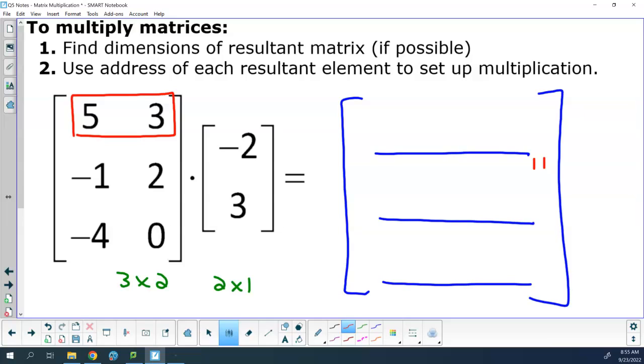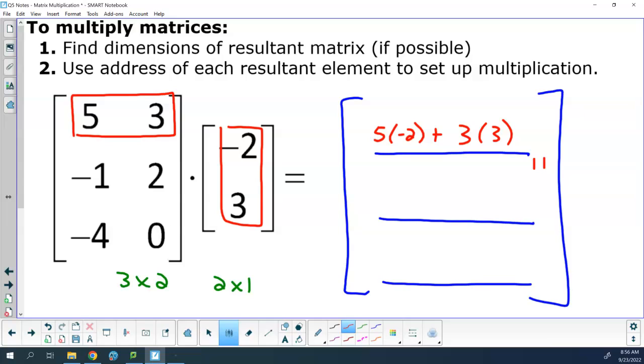So I'm going to take the first row and multiply it by the first column. How I do that is I take 5 times negative 2, and add that to 3 times 3. That's why those dimensions have to be the same, so that the multiplication will always match up.